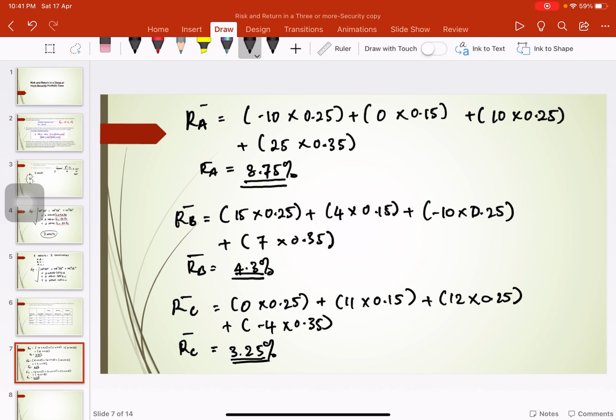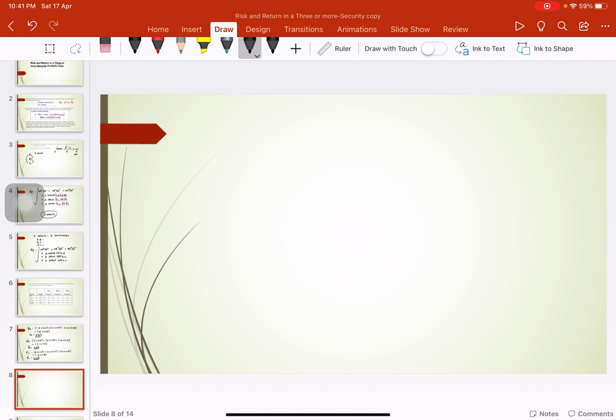RCAP dulu. Next, lepas kita dah buat expected return of the single asset, kita kena calculate the standard deviation of the single asset pula. Ingat lagi tak? Standard deviation of the single asset is equal to the sum of, for the case with probability, Ri minus Ri cap square times Pi sebab dia ada probability, and then square root.